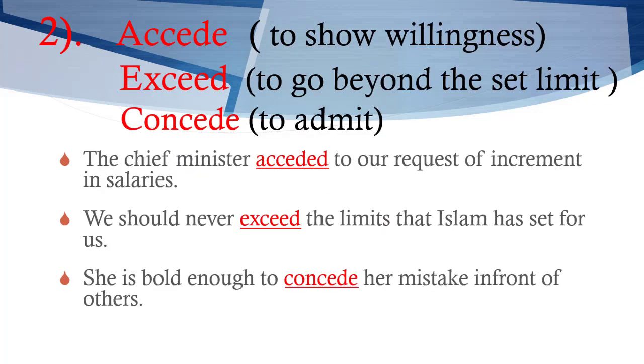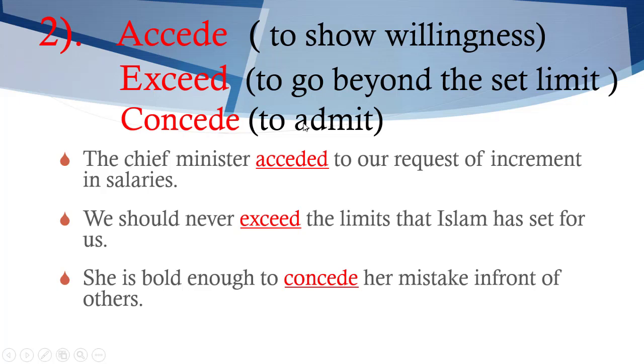Our second group of words is accede, then comes exceed, and the third word that is similar to the above two is concede. The first word accede means to show willingness. The second word exceed means to go beyond the set limit, and the third word concede means to admit.